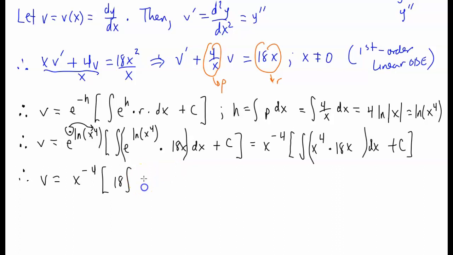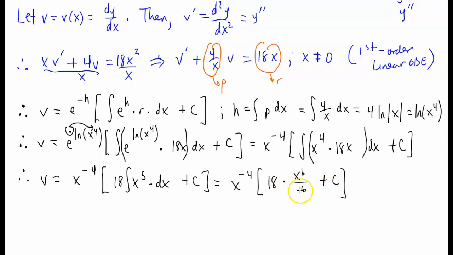And so now this should be x raised to the 5 on the inside here, plus c. And then of course the antiderivative of x to the 5th is just going to be x to the 6th divided by 6 plus this constant. And 18 divided by 6 is just 3. So we have 3x to the 6th plus c.